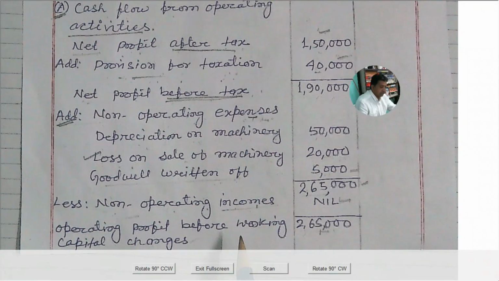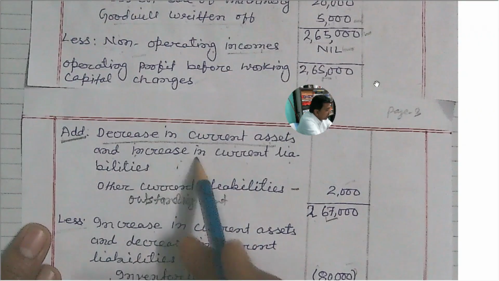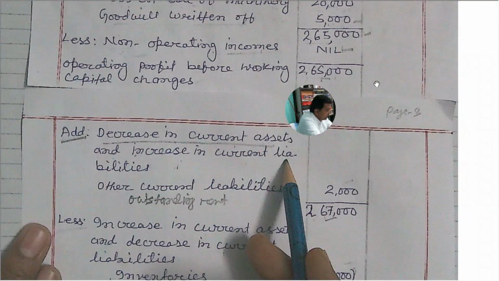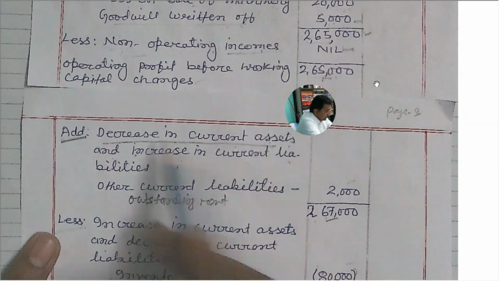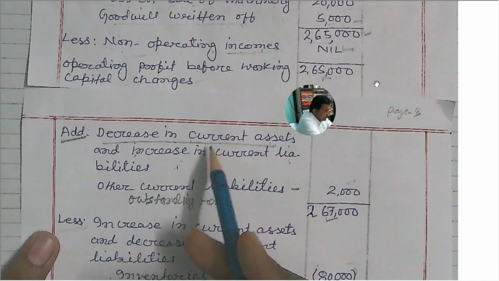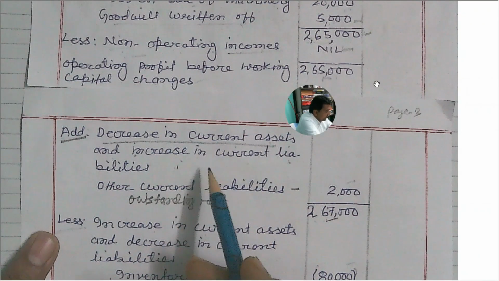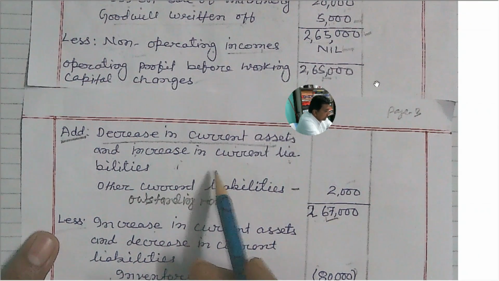The next step is giving the effect of current assets and current liabilities: decrease in current assets and increase in current liabilities. This is the heading. Those current assets that decrease, except cash and cash equivalents, we present here, and sometimes marketable securities also we do not write.